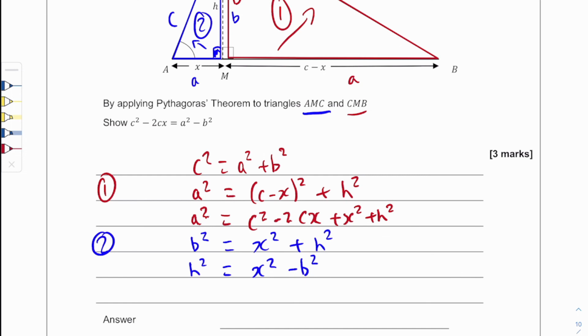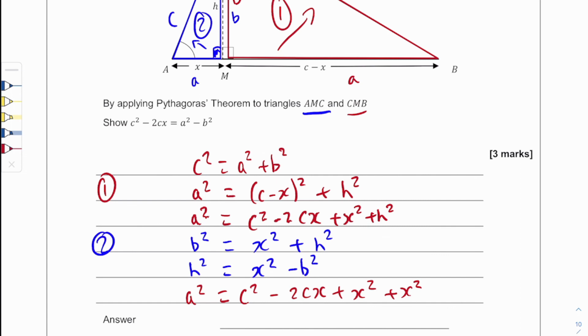So we are left with A squared is equal to C squared minus 2CX plus X squared. And we've now got plus X squared. Have we got plus X squared? No, we don't. I've done that the wrong way around.